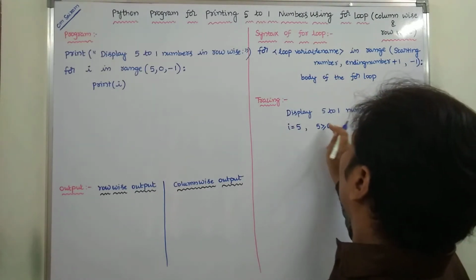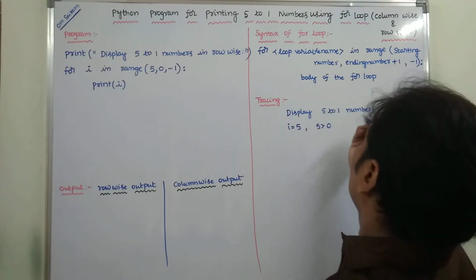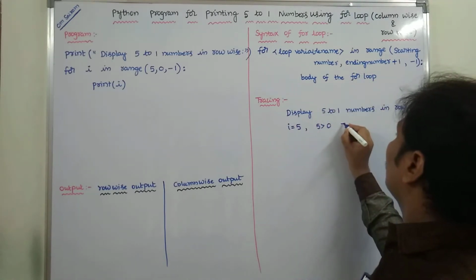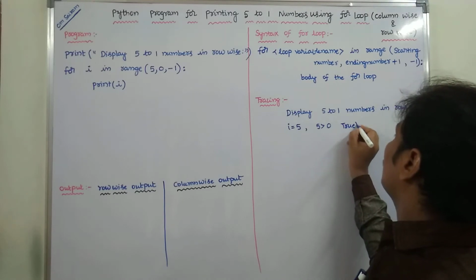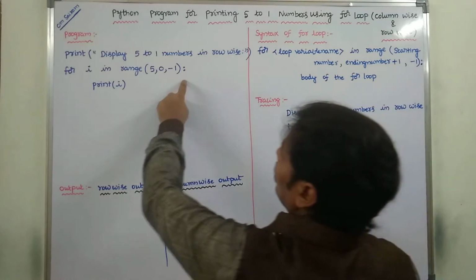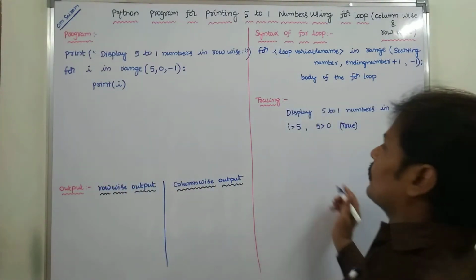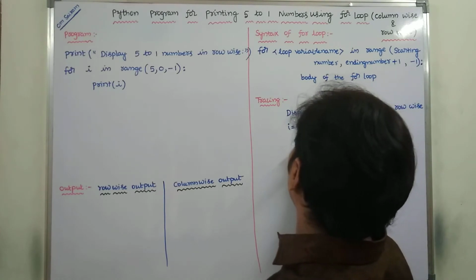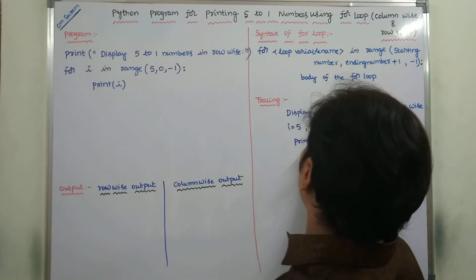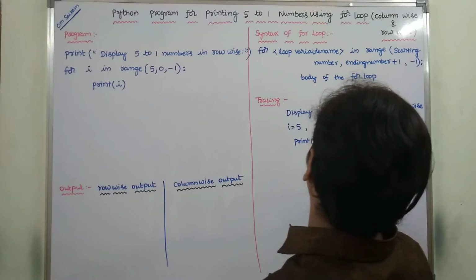5 greater than 0, that is, the condition is true. If the condition is true, then the control goes to the statement within the for loop. So that is print I. Print of I, so that means 5 is printed.